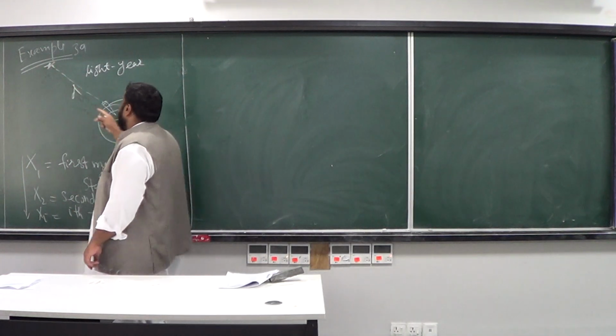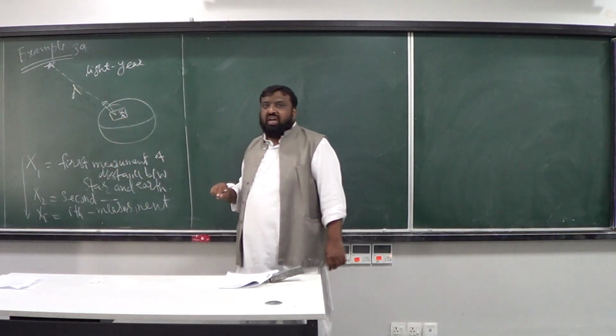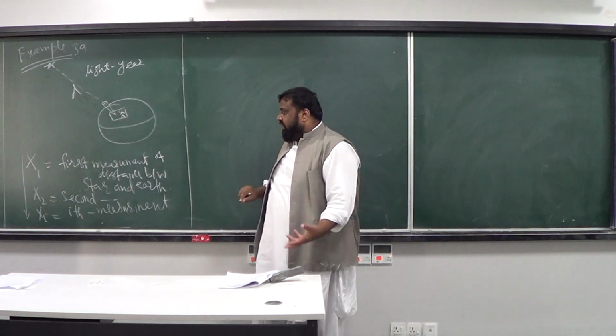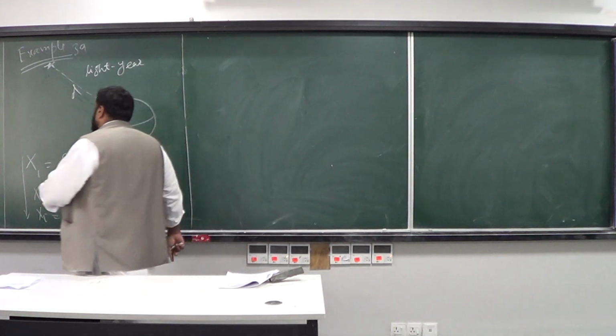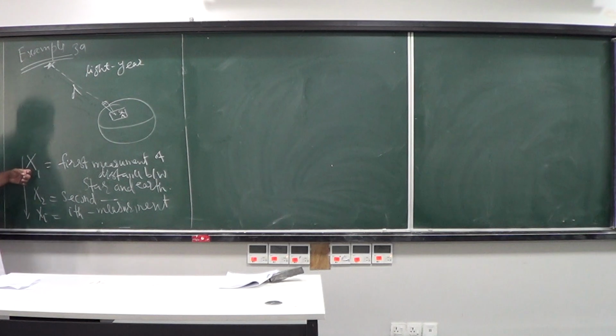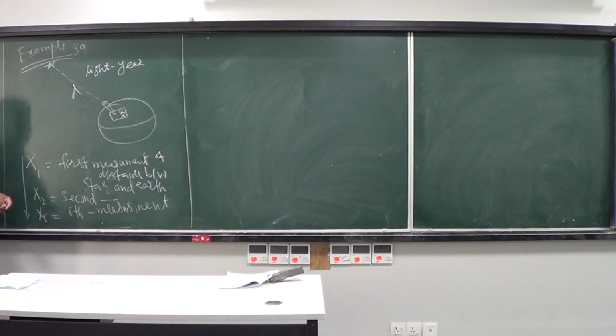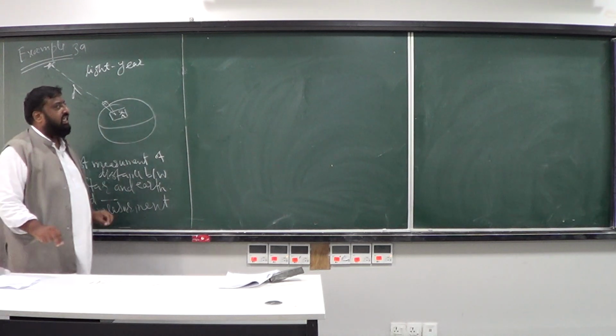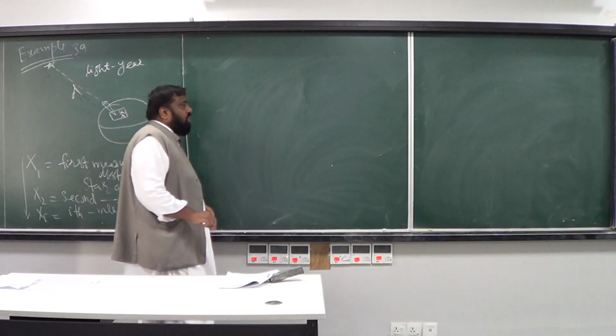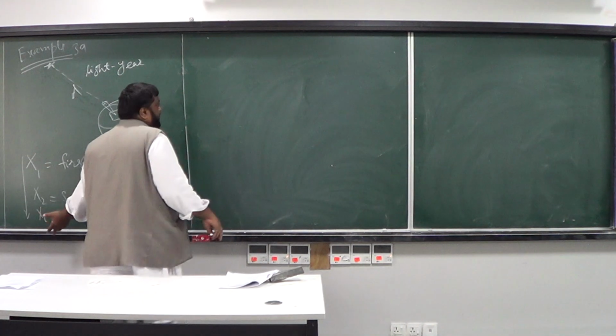For example, let x1 be the first measurement of the distance between the star and the planet Earth, x2 the second measurement, and so on and so forth. Let me mention some of the assumptions.